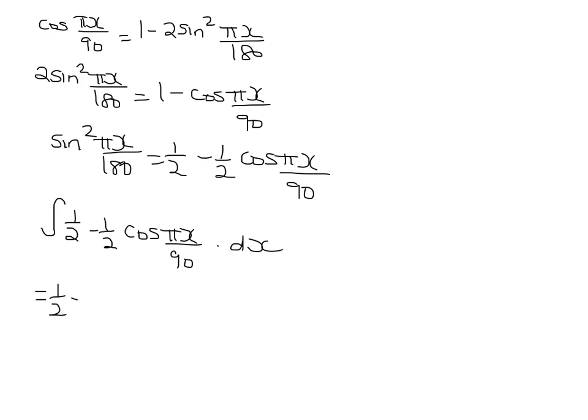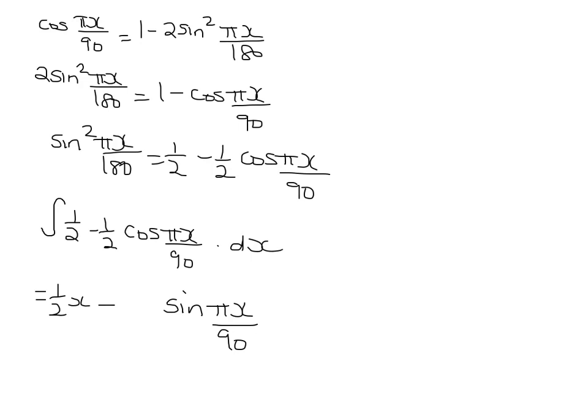So it's a half x minus. Now, the integral of a minus cos is a minus sine pi x on 90. And then we've got to get the derivative of pi x on 90. So that's just pi on 90, that's a number. And we need to divide by that, so we need to invert it.